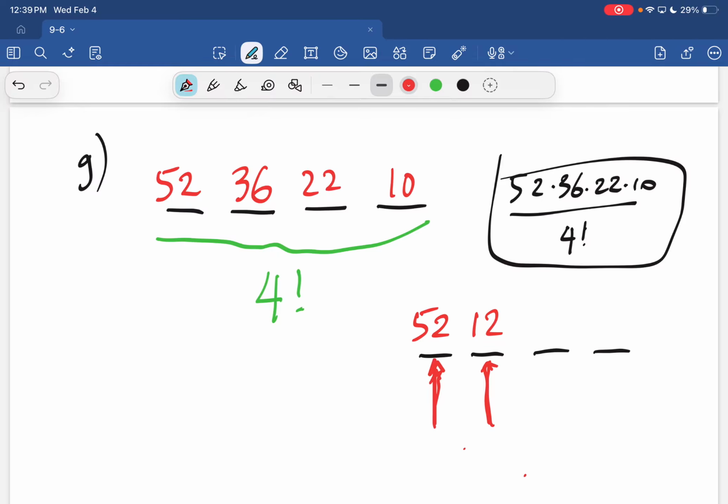Those, it doesn't matter which way. It's not 8 factorial. It's 8. Don't worry about it. Let's talk about question 12, and then I'll let you guys turn it in afterwards.